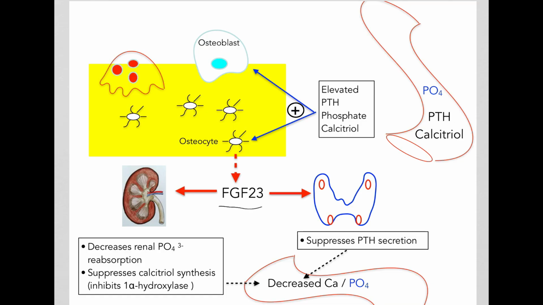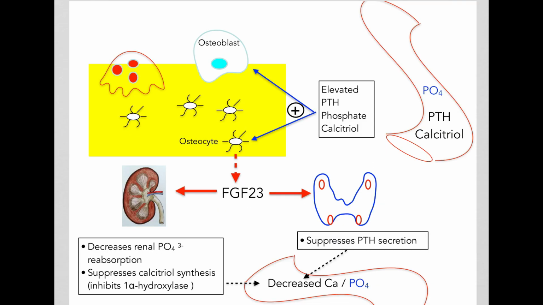Now, FGF23 will go to the kidneys and decrease renal phosphate reabsorption. That means it increases phosphate excretion. FGF23 also suppresses the synthesis of calcitriol. FGF23 goes to the parathyroid gland and inhibits parathyroid hormone secretion.